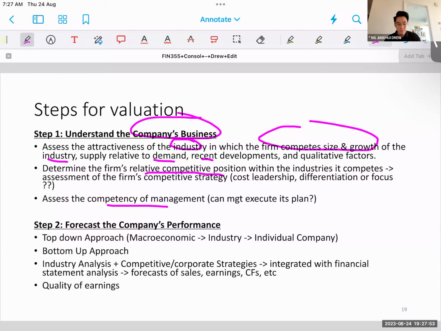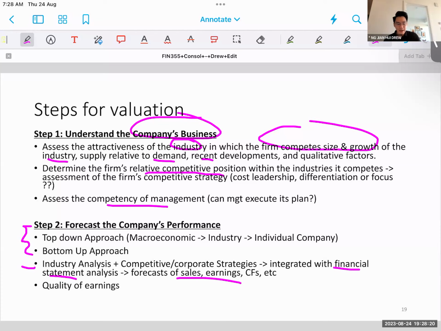And then after that, we try to use various techniques. There are two techniques that we'll mostly cover: the top-down approach and the bottom-up approach. We'll cover them in detail, do not worry. And then we'll talk about some industry analyses. We analyze the financial statements, do some forecasting, and some ratio analysis, things like the PE ratio.